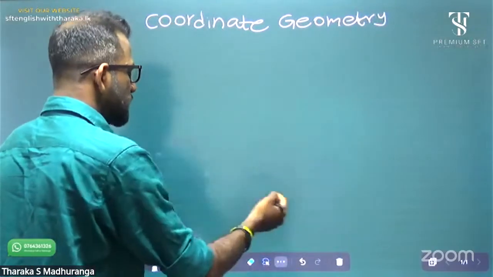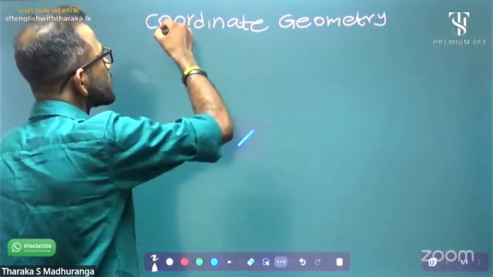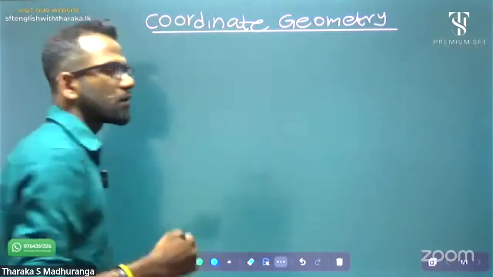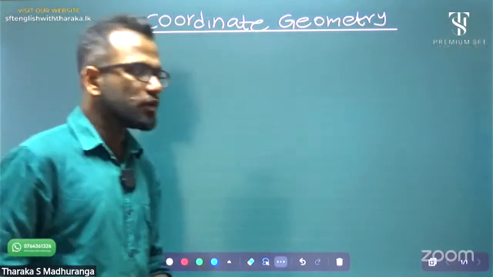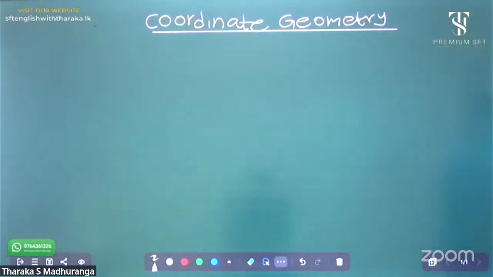Okay, first, what's the meaning of coordinate geometry? Do you have any idea? I think at O level you did y equals mx plus c, y equals ax squared plus bx plus c, different functions.